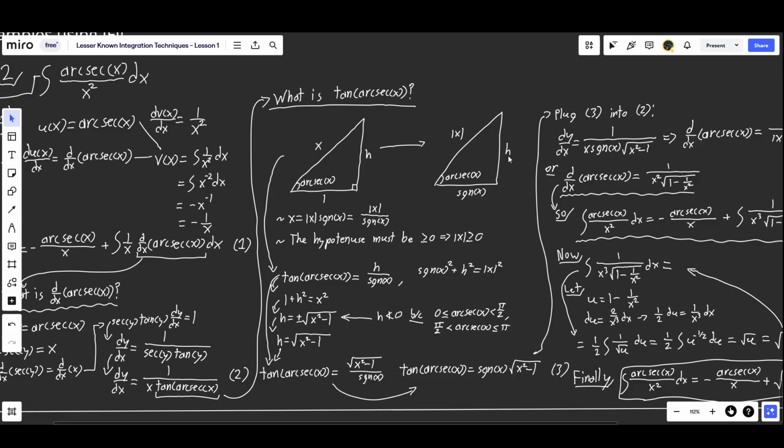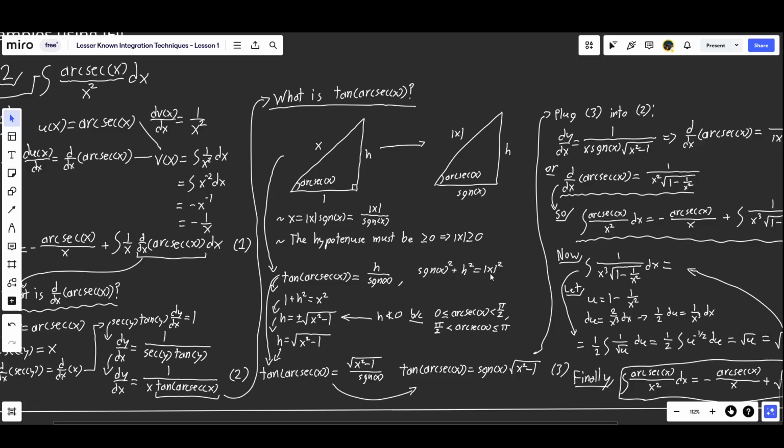We can find h by using the Pythagorean theorem, where sign of x squared plus h squared is equal to the absolute value of x squared. Now, sign of x squared will always be equal to 1 because x will not be equal to 0, sign of x will always be equal to -1 or 1, and -1 squared is 1, and 1 squared is 1.